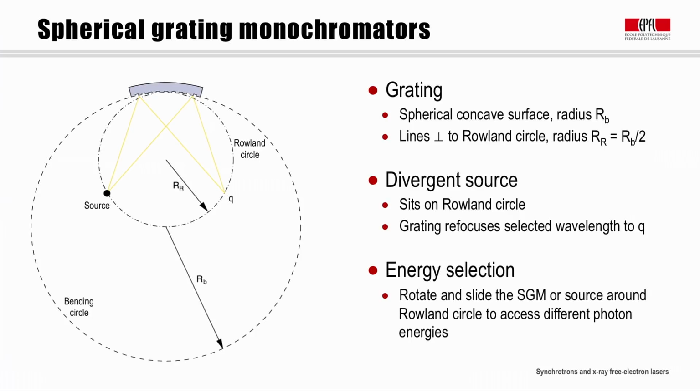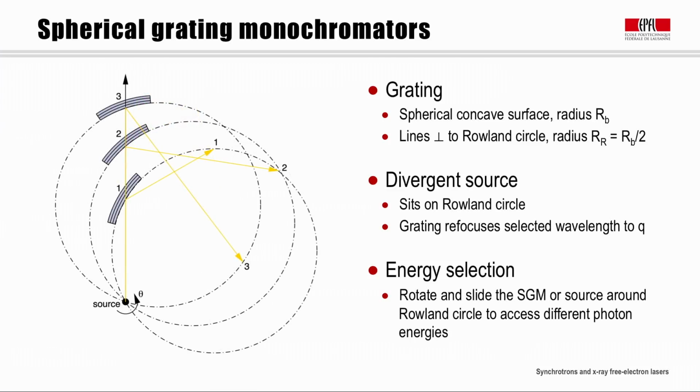The grating grooves, or lines, are perpendicular to the so-called Rowland circle, which lies tangential to the center of the grating and has a radius RR, which is half that of the spherical grating radius. Any source lying somewhere on the Rowland circle will select a certain wavelength and refocus it at another position on that Rowland circle. Different energies can be selected by moving the source around the Rowland circle, as shown here.